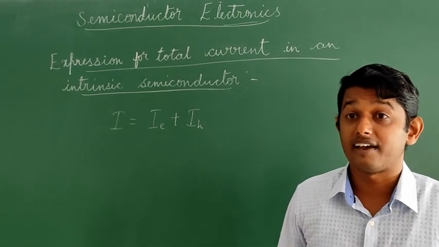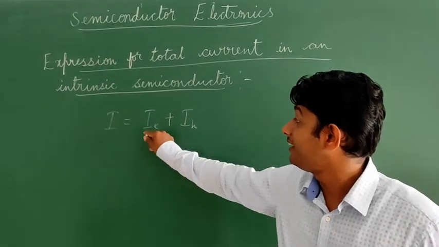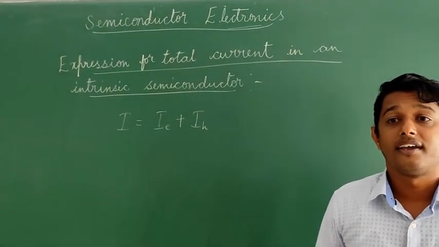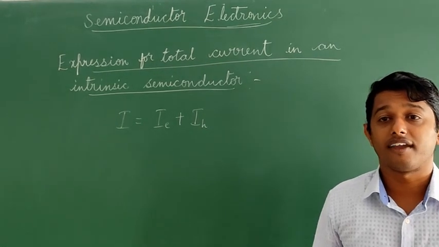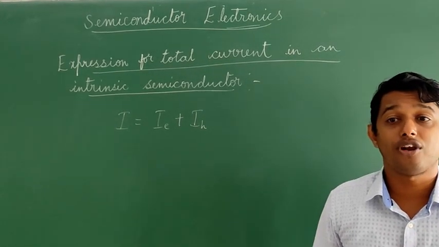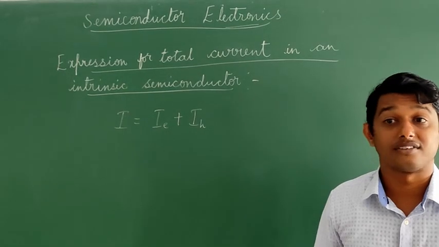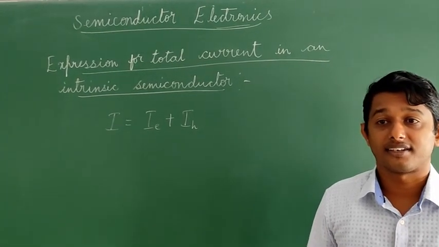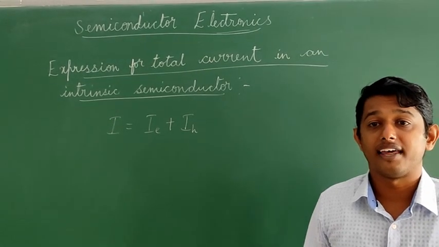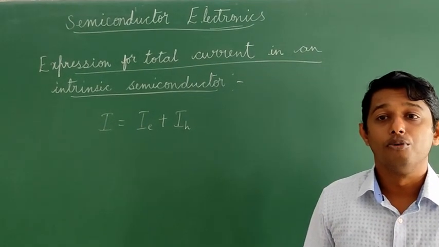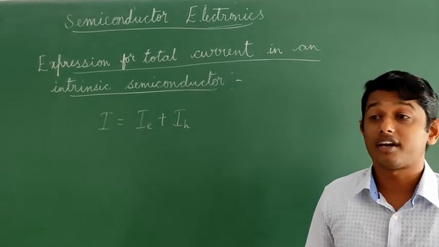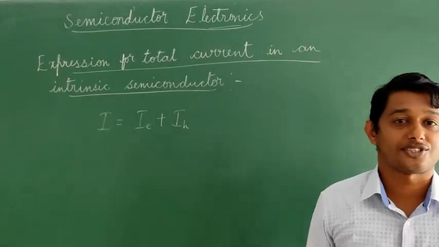Remember that the motion of a hole is only a convenient way of describing the actual motion of bound electrons. Whenever there is an empty bond anywhere in the crystal, under the action of an electric field, these holes move towards the negative potential, giving the hole current, which is IH.